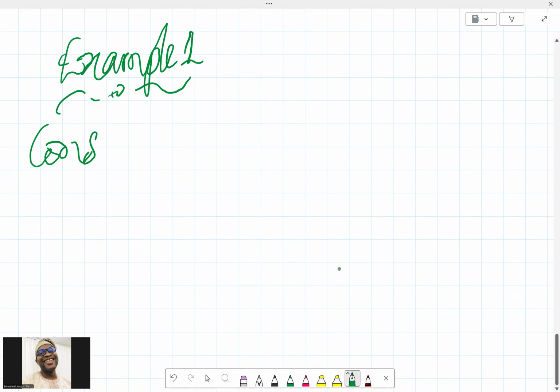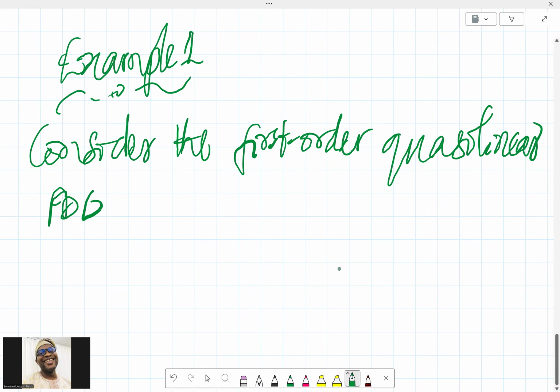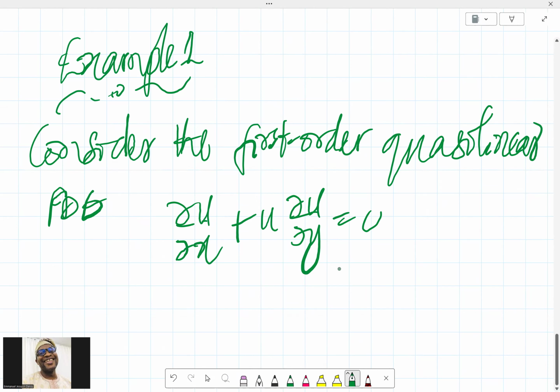I think this particular problem was treated even in the second video, but there'll be another perspective to it now. Consider the first order quasi-linear PDE: partial u partial x plus u partial u partial y equals 0.